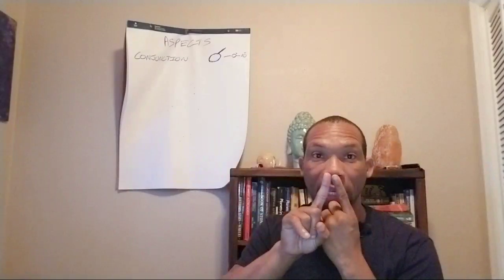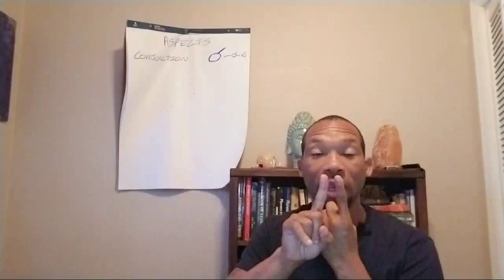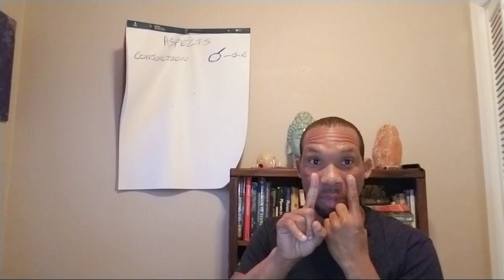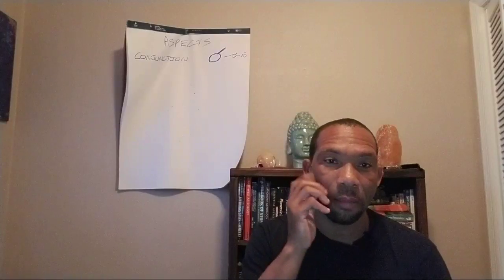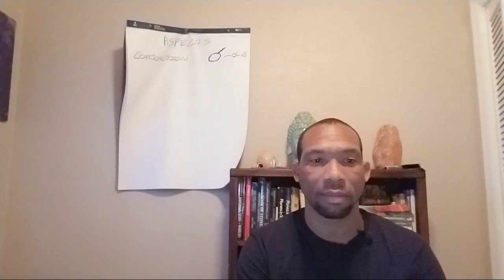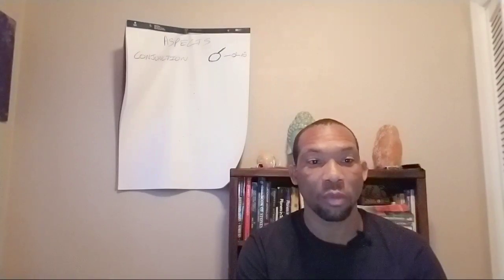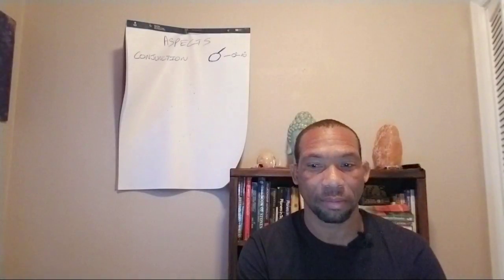Because it's within 10 degrees, that will be considered a conjunction, meaning closely related, closely connected. Okay? You got that? I don't want to move on until you get it.